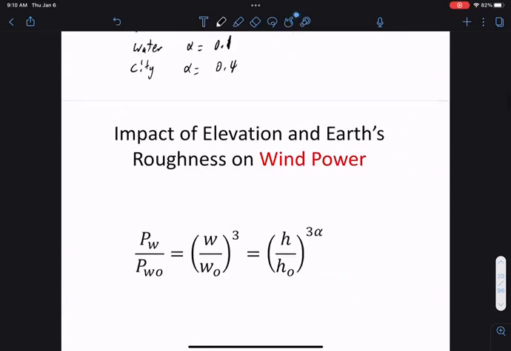Since power depends on the cube of the speed, power depends on a factor raised to 3 alpha. Speed has a factor of alpha, and power is a factor of 3 alpha.